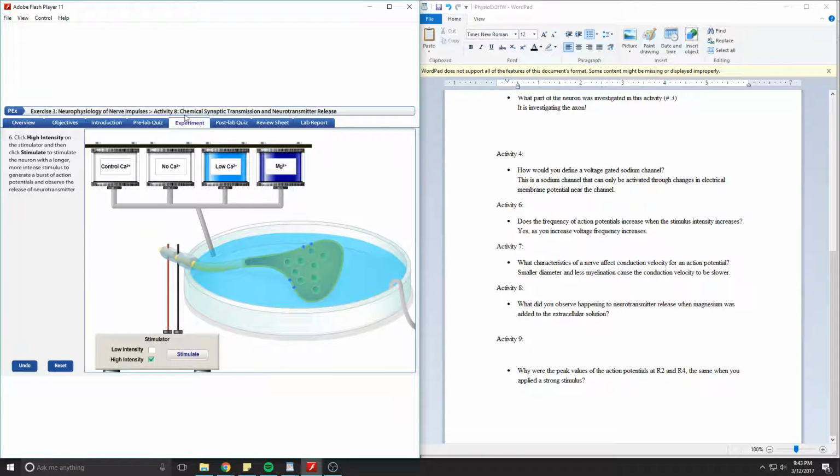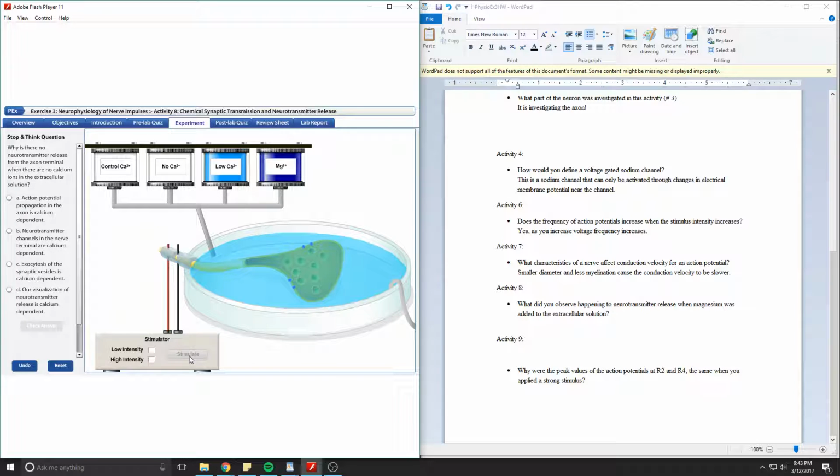Which experiment are we on? Number 8? So yeah, I just want to read the question again to make sure. What did you observe happening to neurotransmitter release when magnesium was added to the extracellular solution? So yeah, I guess no calcium means... Why is there no neurotransmitter release from the axon terminal when there's no calcium ions in the extracellular solution?